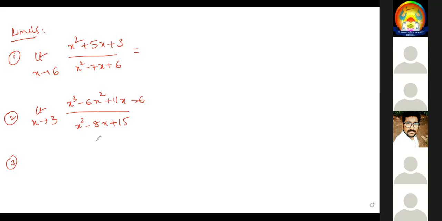Then limit x tends to 2, x square minus 10x plus 16, by x power 1 by 3 minus 2 power 1 by 3.